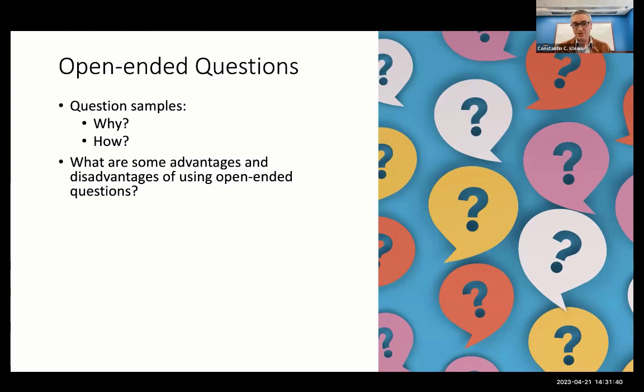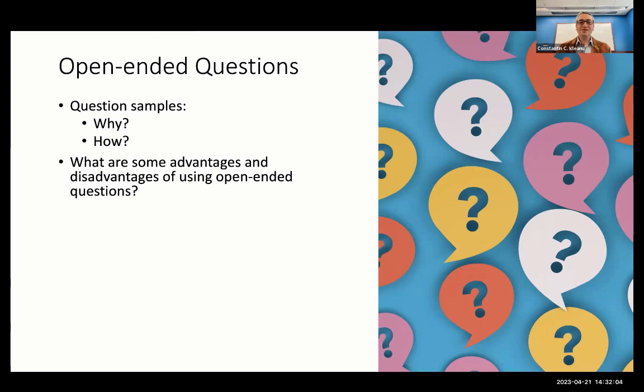And somebody answers with a few words, President Biden, and then you say, why or how does that happen, right? So we've asked a simple closed-ended question, you add a why or a how, or give me more detail, or whatever it may be, then that forces the student to expand upon the basic answers that they're giving.